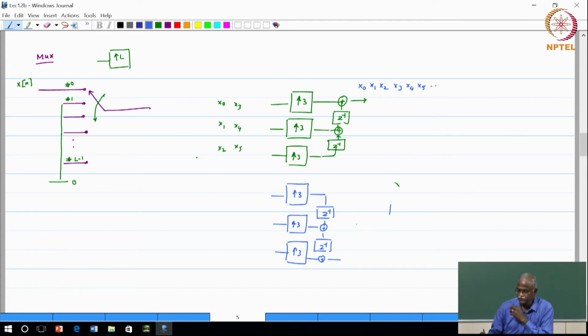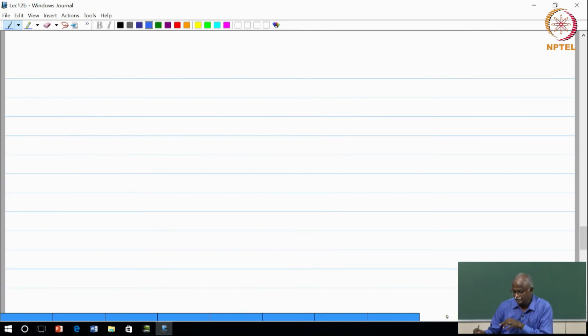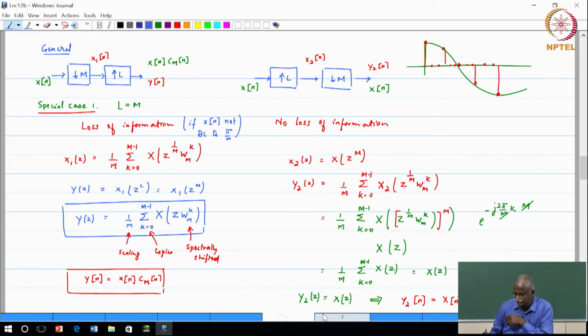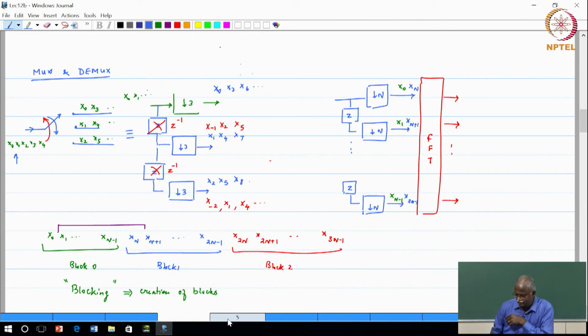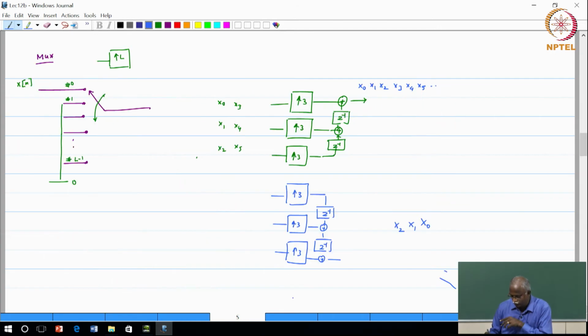What would this produce? X0, does this also produce the right thing? No, actually x0 gets shifted by 2 units of time, right? X0 gets shifted by 2 units of time, x1 gets shifted by 1 unit of time, x2 does not get any shift, correct? This is not the right sequence in which we want, and therefore this is not a useful form.